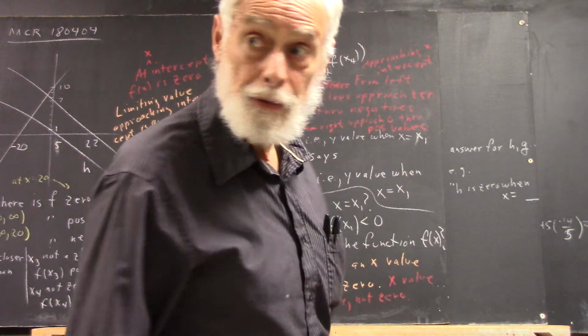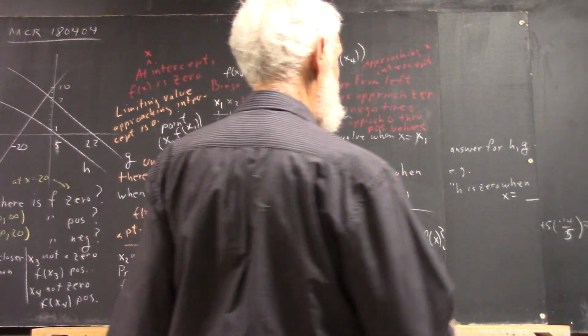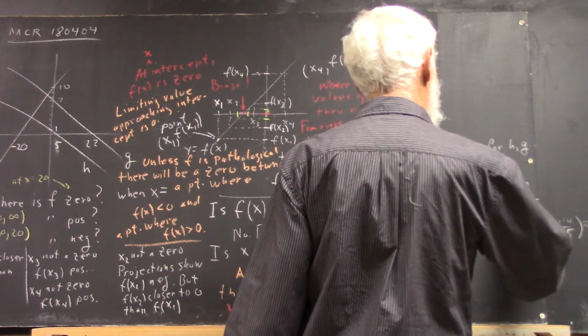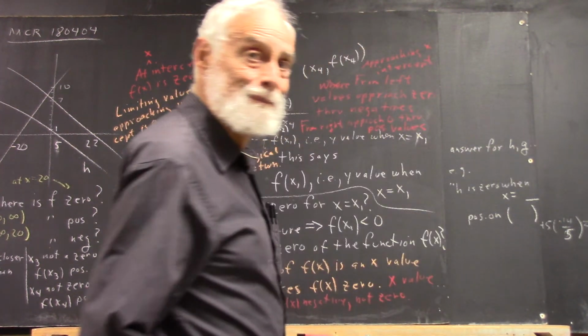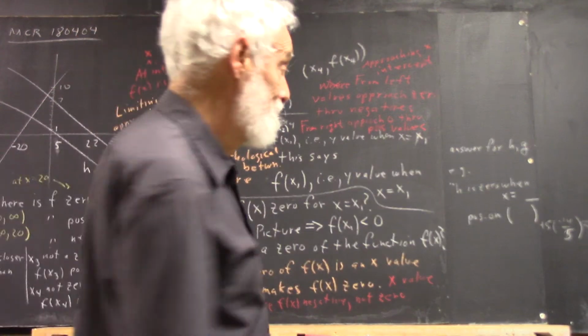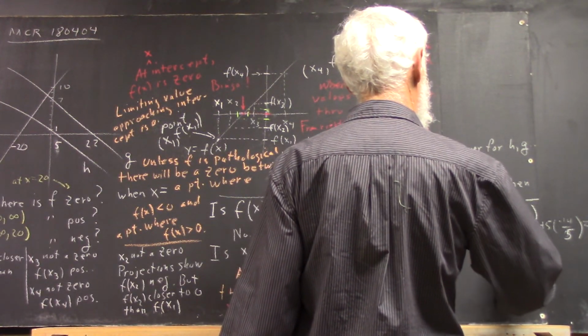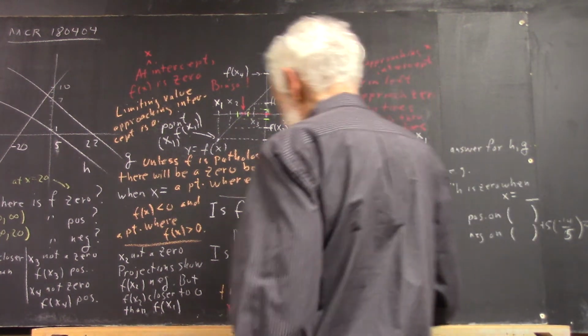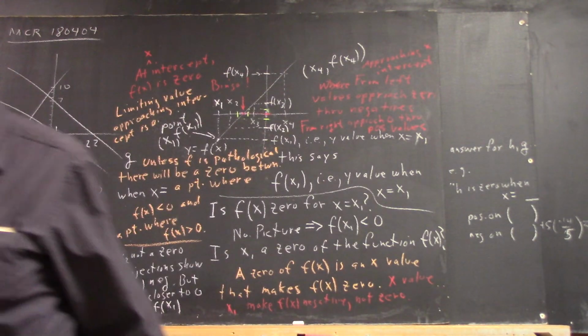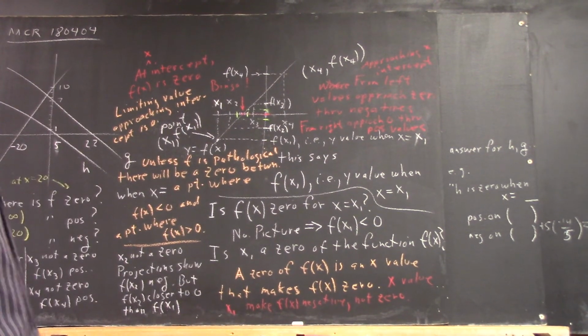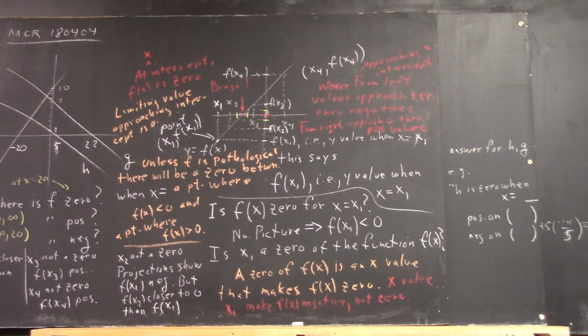H is 0 when x equals whatever. Positive on the interval, right? Negative on the interval. I'll give you just a couple of minutes and ask you to answer that. Write down your answers to those questions, see if you're understanding this.